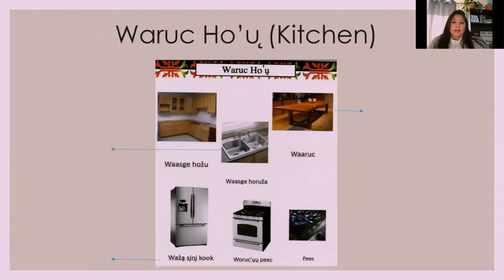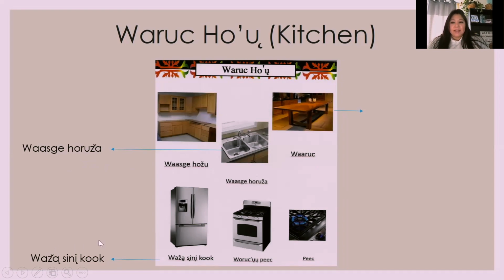Okay. Next we have the waruch ho'un, the kitchen. For a sink, you would call it a waske horuja. Horuja is like to clean, to wash kind of thing. So it's like when you put your hands, or these are like to wash dishes, because waske is like plate. Okay. Then we have the waja sani coke.